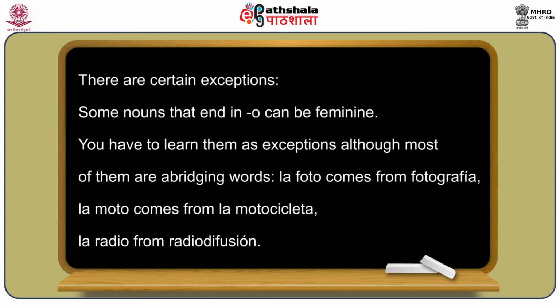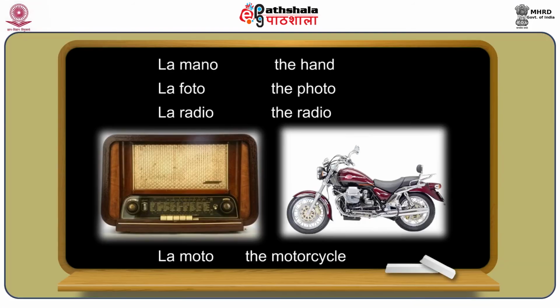Same way, moto is la moto, or la radio, or la mano. So these are a few words which you should learn, not to be confused, because even though they end in o, they are feminine. So words like mano, foto, radio, and moto.